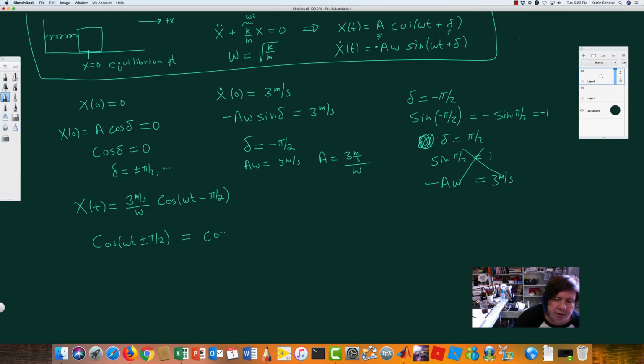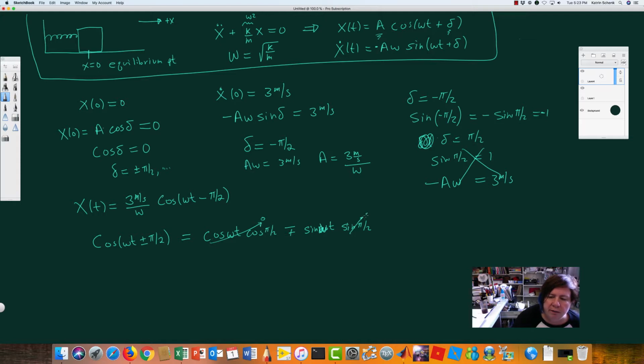If you remember your trig identities, this is cosine omega t cosine pi over 2, and then the sign switches, minus plus, sine omega t sine of pi over 2. The cosine of pi over 2 is 0, so that's out of there.